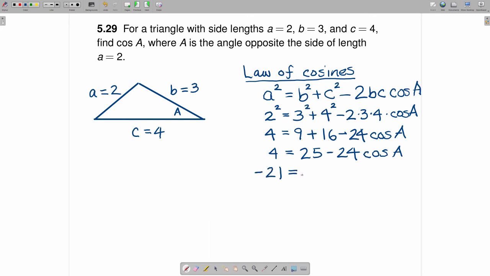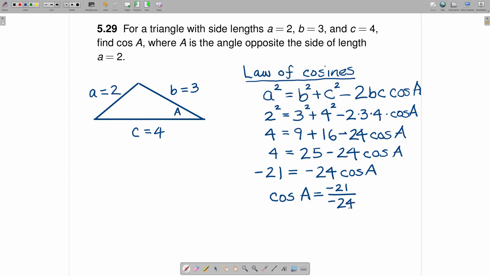When you subtract 25 from the right-hand side, you get negative 24 times the cosine of A. Now, keep in mind what we're shooting for is the cosine of A. In this particular case, the cosine of A, if you divide both sides of that equation by negative 24, is going to be negative 21 divided by negative 24.